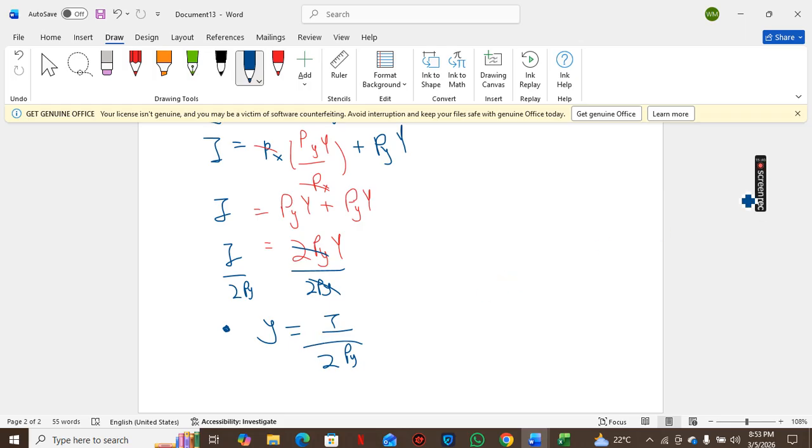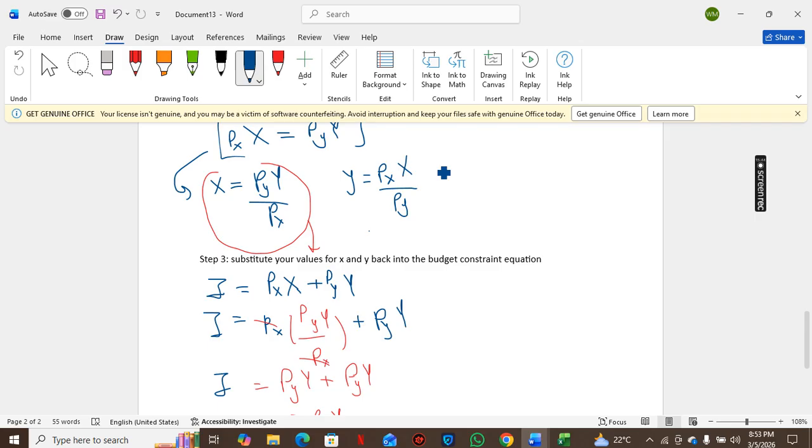Then for good x, it's the same process, colleagues. This y equals PX x over PY. We're also going to bring it back into this equation here. So you're going to have I equals PX x plus PY y.